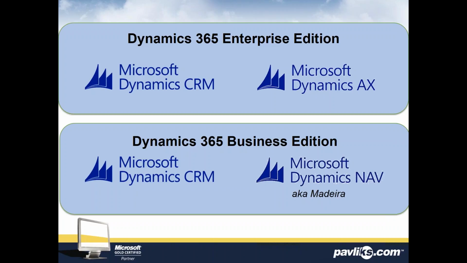You'll see in a moment, it looks and feels exactly the same. But the financials element of the Business Edition is an evolution or a variation of Dynamics NAV, which has been codenamed Madeira. So you may have seen or heard the codename Madeira, and that's essentially what the financials element of Business Edition is. So it's AX and CRM in the Enterprise Edition, and it's NAV and CRM in the Business Edition.